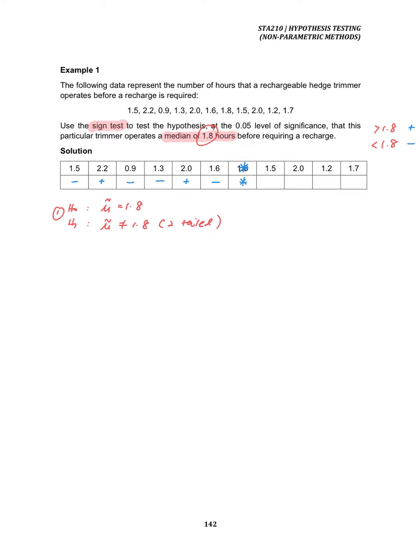So since our test value here is 1.8, kalau ada data yang sama, bermaksud dia akan di-exclude lah daripada computation. Okay, for 1.5 it was less than 1.8, meaning that we have to put a negative sign. This one is positive, negative, and also negative.